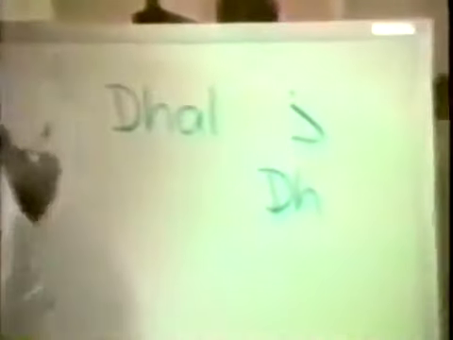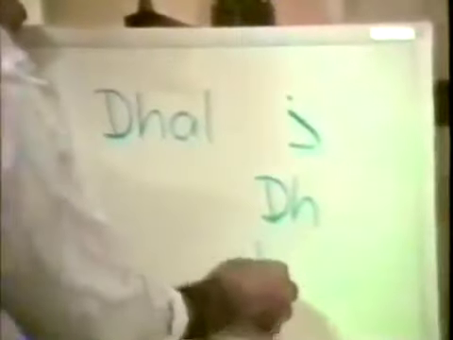The name of the letter is dhal, and it is represented by DH. It sounds like TH as in then. This is the letter dhal. TH as in then, the.